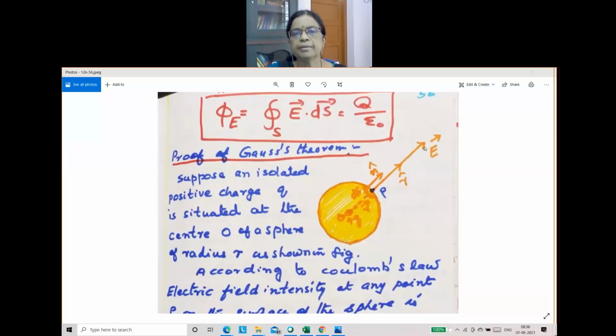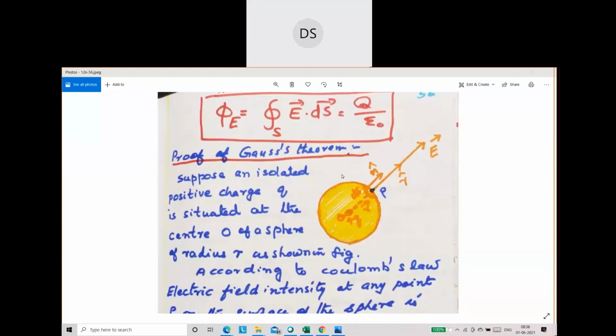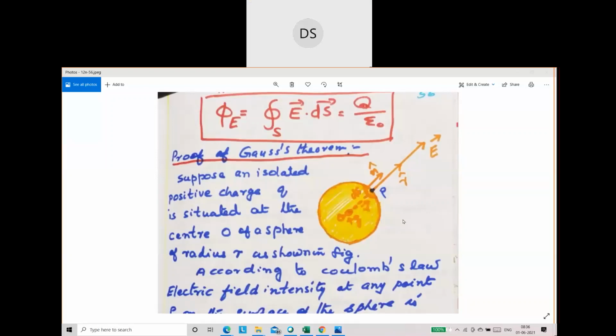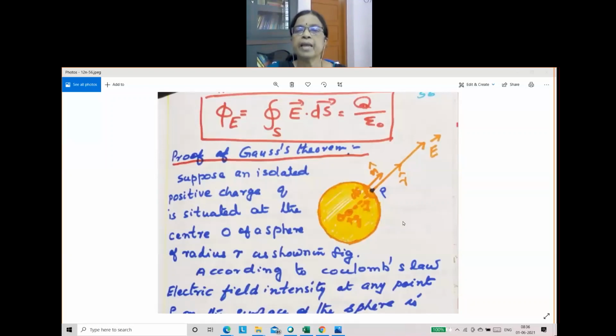Vector E, the magnitude of vector E. Devika, what is the magnitude of vector E at P? 1 by 4 pi epsilon 0, q r cap by r square. Yes, r cap by r square. Okay, very good. Electric field intensity at P.